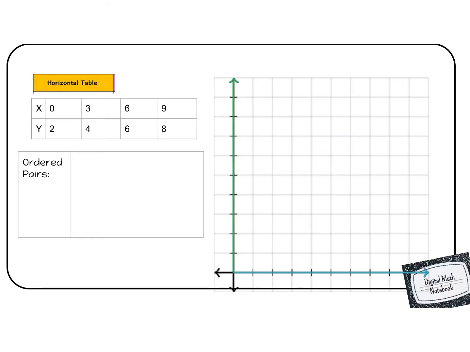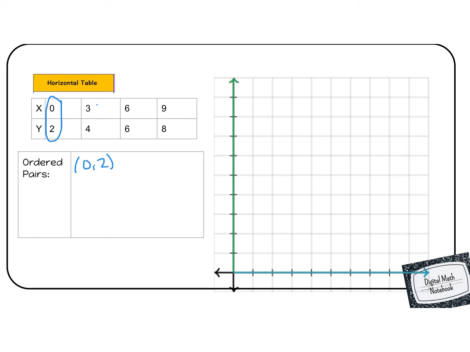All right, friends, it's time for you to plot some points with me. In your digital math notebook, you have some red dots that you can click to make ordered pairs and points on your graph. In this horizontal table, so this one's going sideways, instead of vertical like the one we saw first, let's look at some ordered pairs. The first ordered pair is 0, 2.